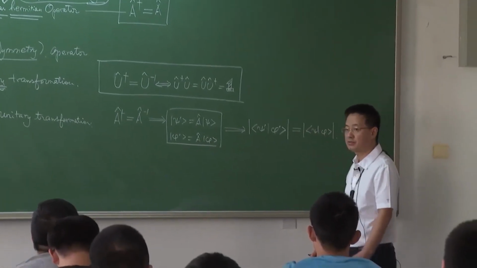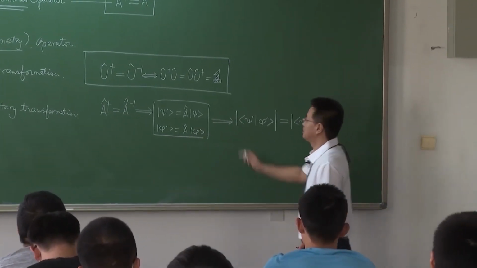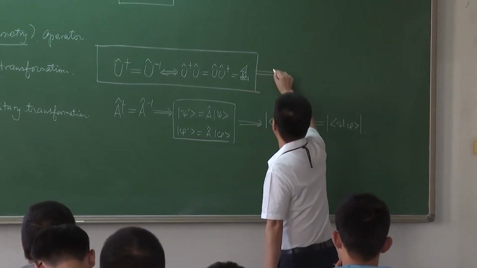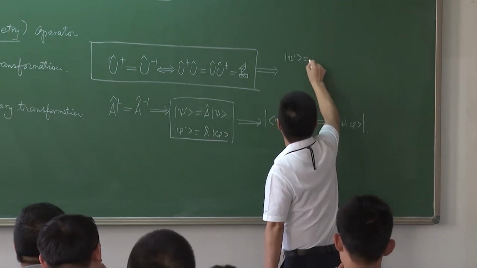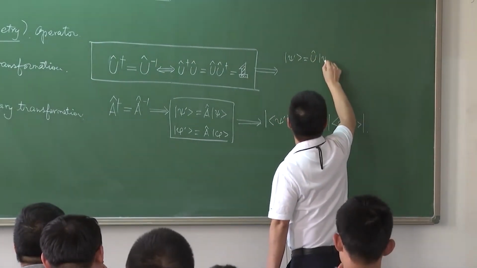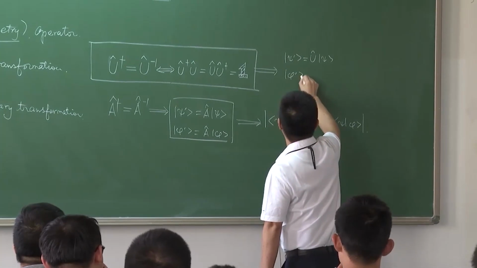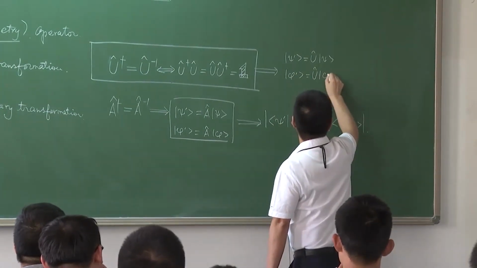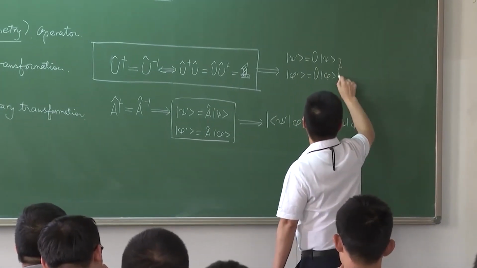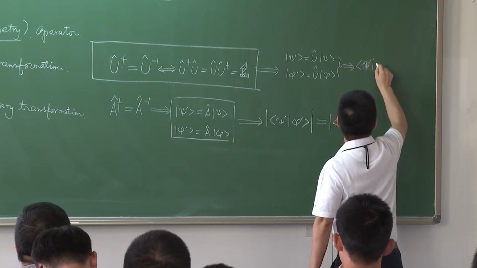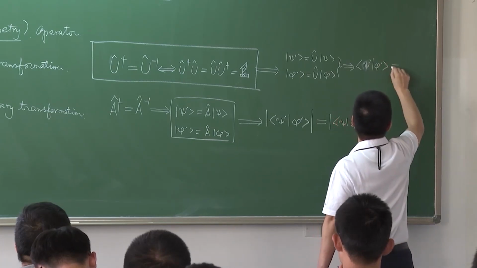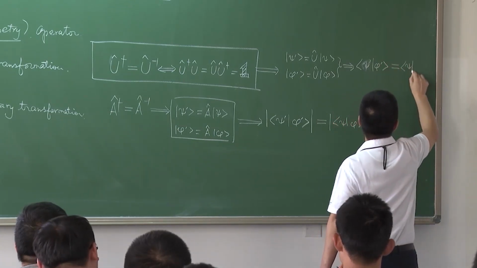So this condition is not so restricted. But for the unitary case, psi prime is equal to U psi, and phi prime is equal to U phi, and you get that psi prime, phi prime is equal to psi, phi.